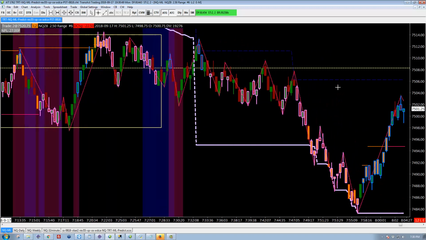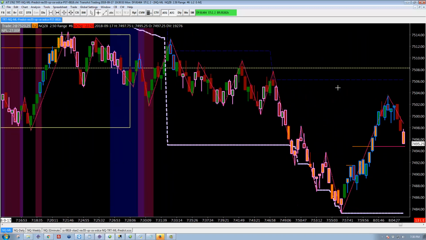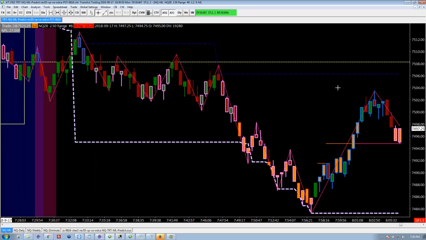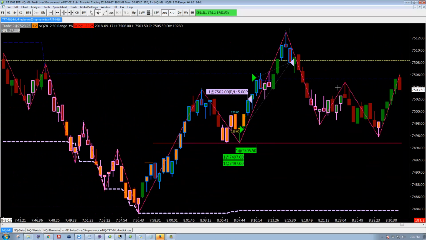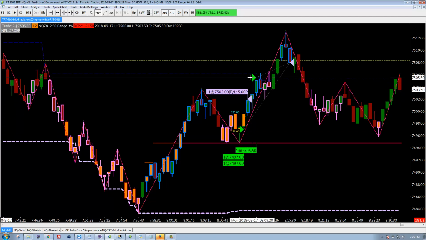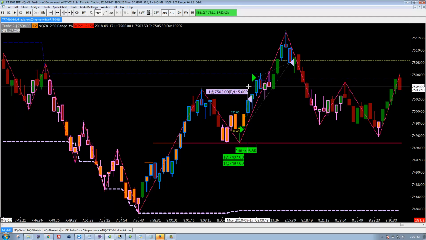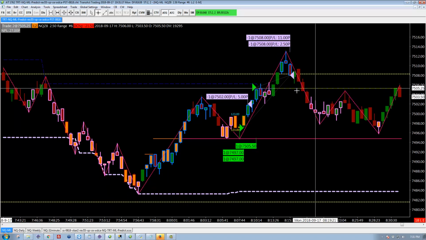Let's see what else happens here. So I saw this happen, but then I stepped away. These are pretty violent moves down. Okay, so we catch this pullback here, and it looks very similar, doesn't it? You get your first target, you do an add on the break there, and then you make a little bit actually on that add.